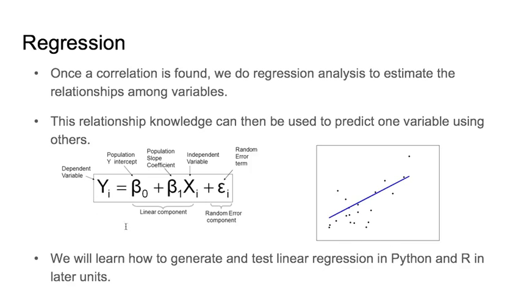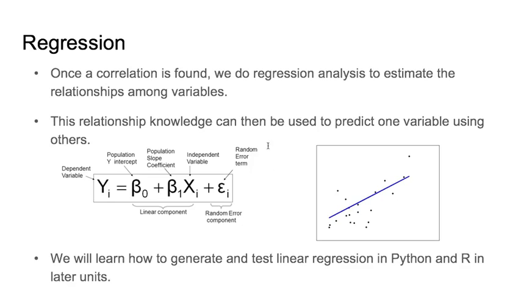This equation and this line tell us about that relationship. I'm not showing you how we can derive this; we'll look at it later. This is just to introduce the concept that regression allows us to find the exact relationship, or at least an approximate relationship, between two or multiple variables.